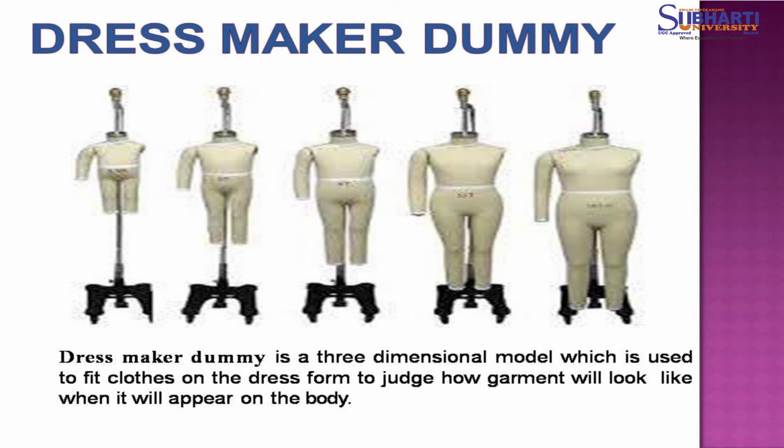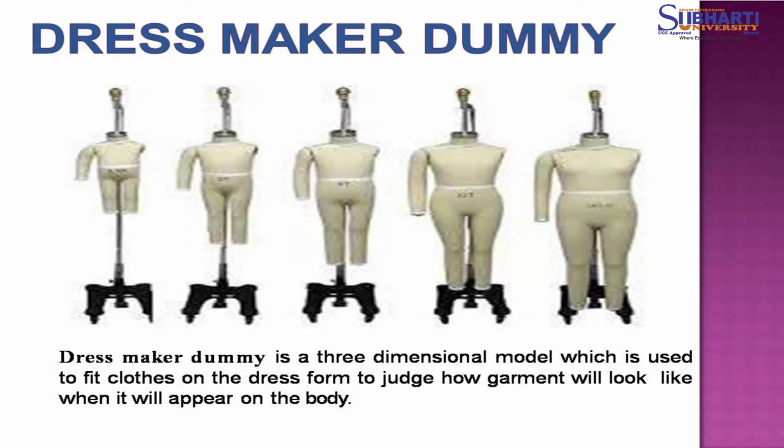Next, if we are making garments, draping garments, or doing a test fit, we should have with us a dressmaker dummy. In the PPT you can also see there are various sizes of dressmaker dummy. We can put the half-stitched garment or the fully stitched garment on it to test the fit according to the sizes.